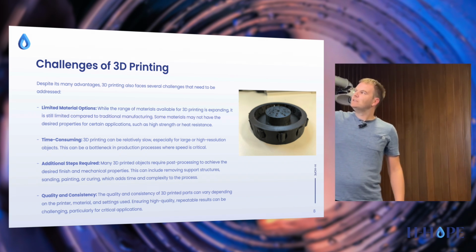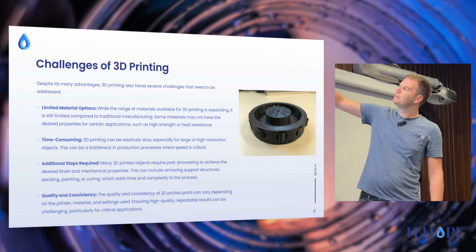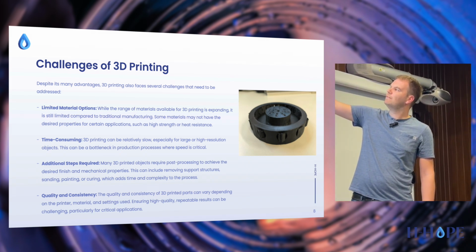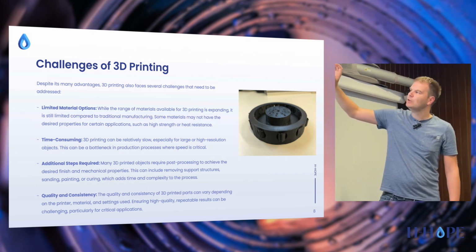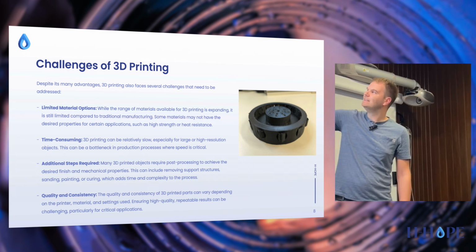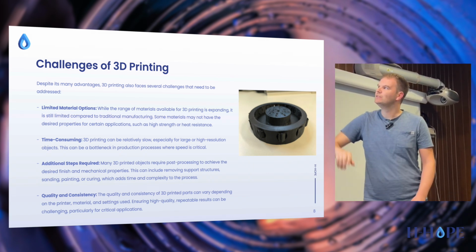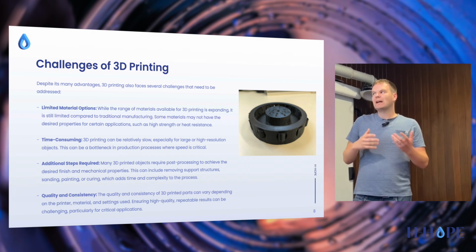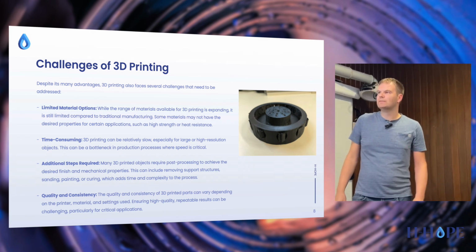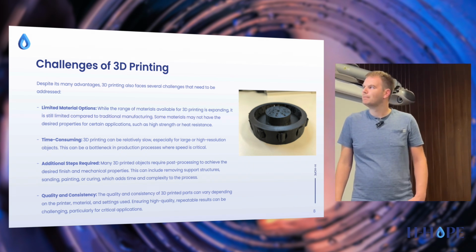So here you can see the H-Hope do-it-yourself generator rotor, and after you print the object, you need to clean these holes, you need to remove the supports. So you need some kind of post-processing to achieve the desired finish of the product.